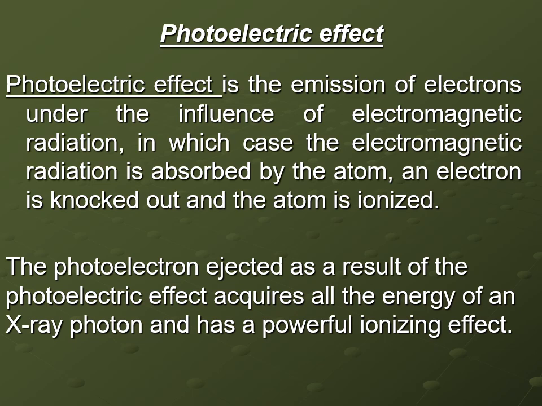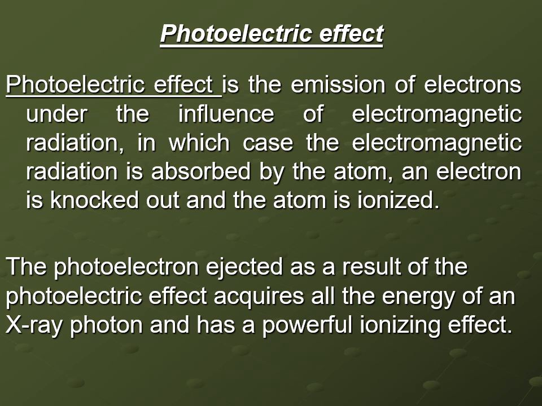In this case, we already have X-ray radiation with a sufficiently high energy, much more than the ionization energy. Therefore, when interacting with an atom, an electron is knocked out, that is, part of the energy goes to knock out the electron, and the rest goes to create a secondary photon of X-ray radiation.